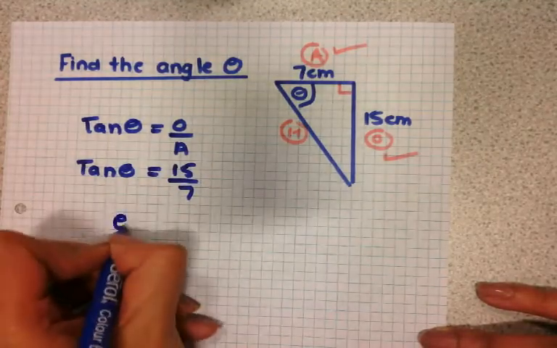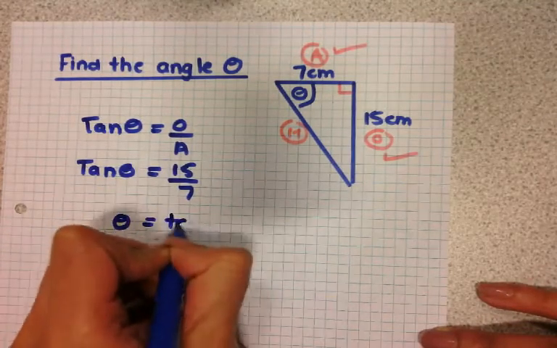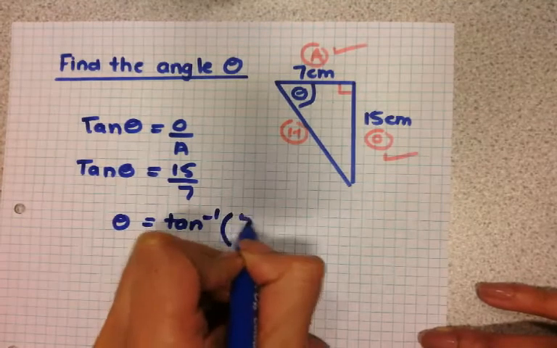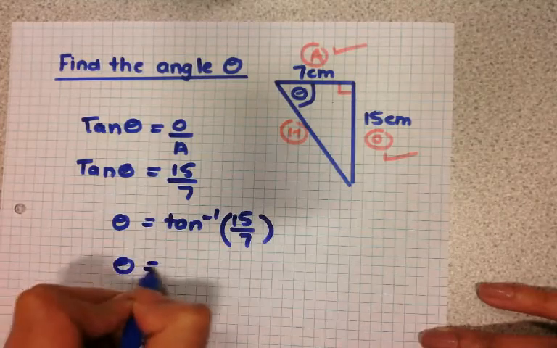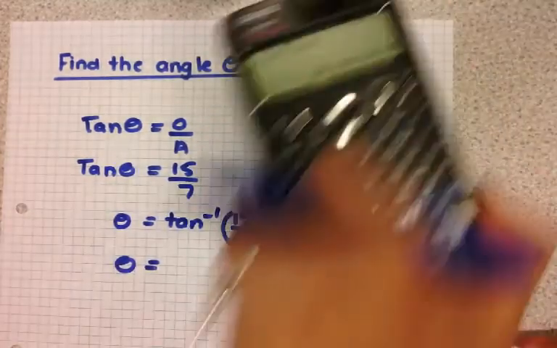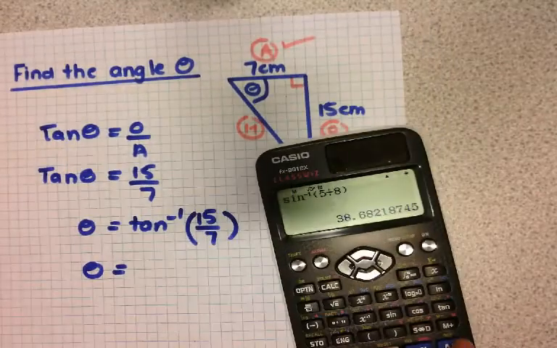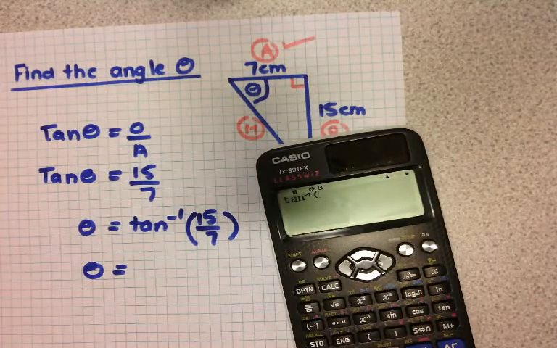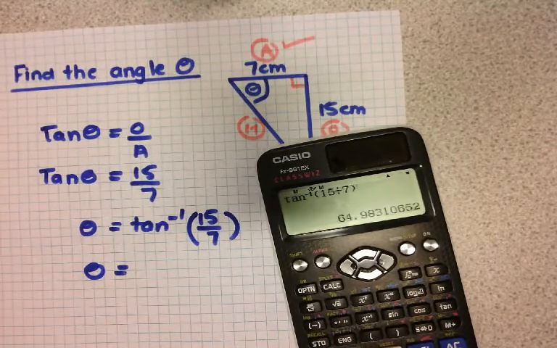Now I need to do inverse tan, so it almost disappears there, and then it appears as tan to the -1, and then I just write the exact same fraction in. Right, so then on my calculator, I need to do shift tan, the bracket's already open, 15 divided by 7. You could put that in as a fraction if you wanted.